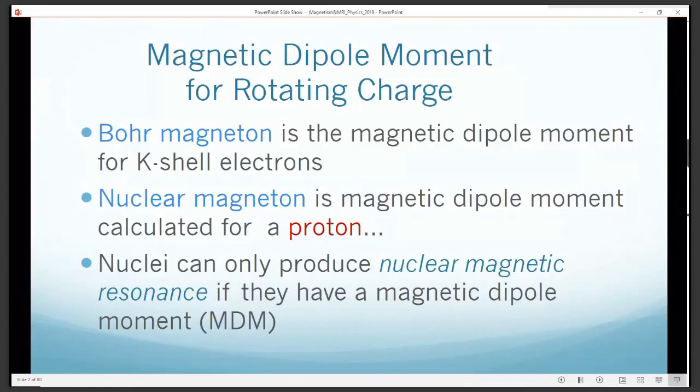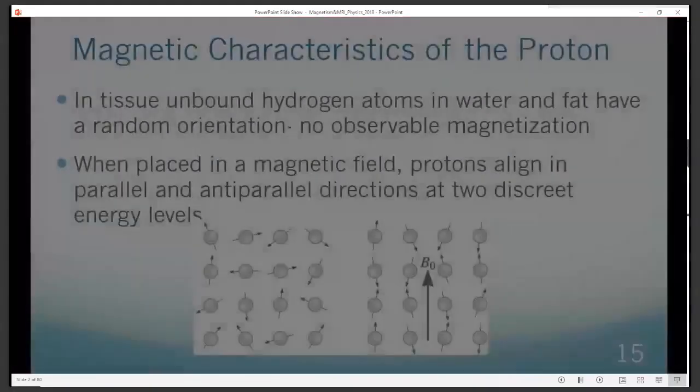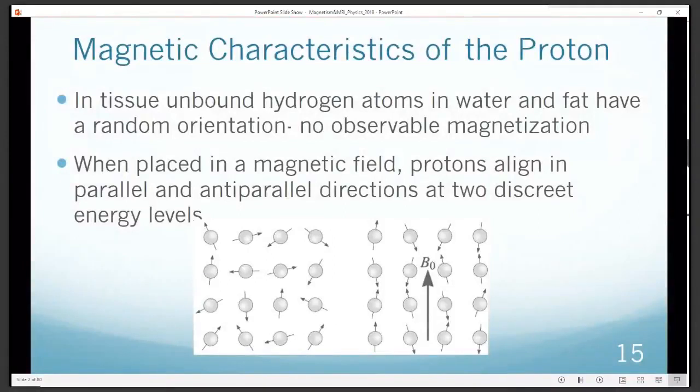Now, it's important that only those nuclei that have finite magnetic dipole moments can produce the phenomenon known as nuclear magnetic resonance. And the phenomenon is a very specific one. In tissue, we have hydrogen atoms in water and fat that are essentially in a liquid state, or at least a fluid state, and are randomly oriented and won't produce any observable magnetization.